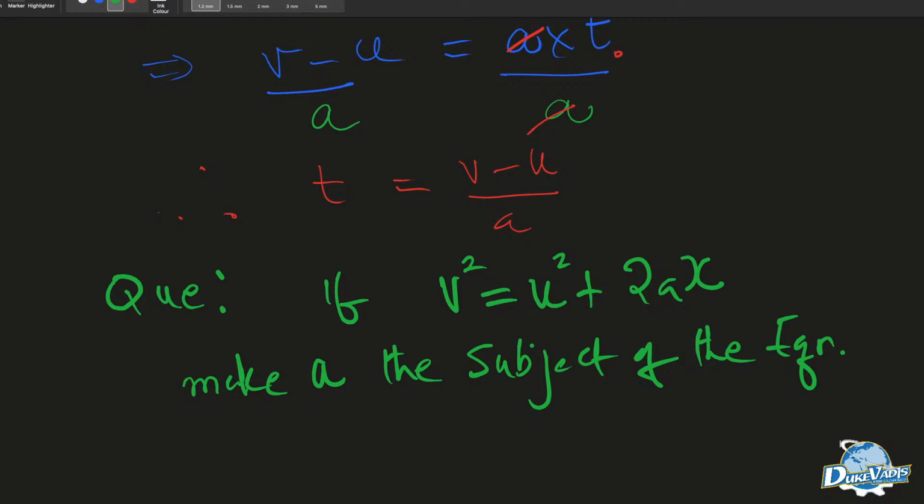Friends, how do we go about this? We know for sure that on the left-hand side, we have v squared.